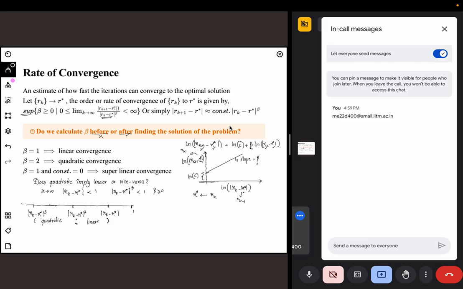Anything in this is what we are calling quadratic, and anything in this is what we are calling linear. So linear is a kind of subset of quadratic. If quadratic is satisfied, then linear will also be satisfied. But we are just taking beta equals 2 and calling it quadratic convergence. I hope this is clear.